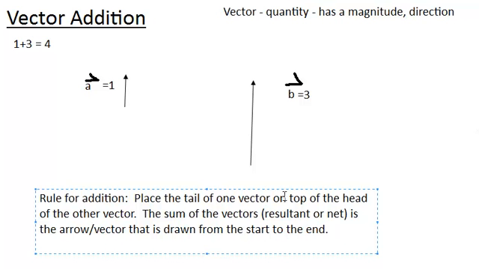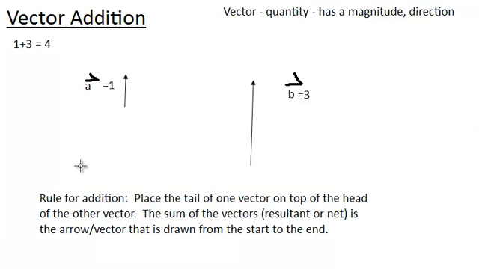So the start meaning the tail of the first to the head of the second, which I'll show in a moment here. So what did the rule say? We're going to place the tail of one vector on top of the head of the other vector.